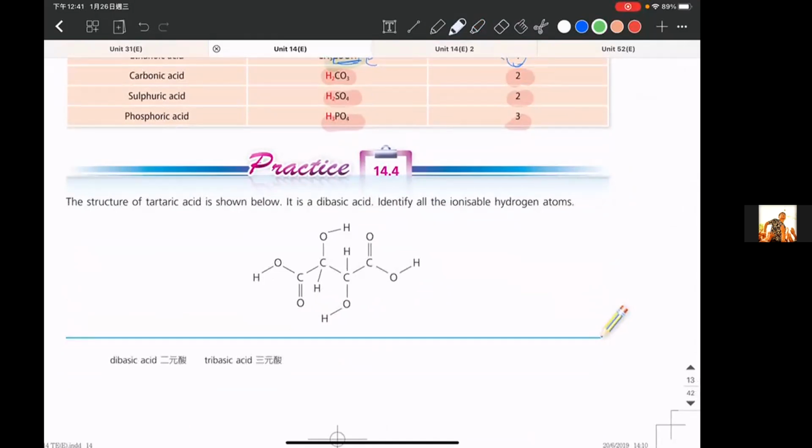Wang Qinghua, what is the basicity of tartaric acid? What is that tartaric acid? Tartaric acid, we call it 沼石酸. Yeah, it is commonly found in grapes.